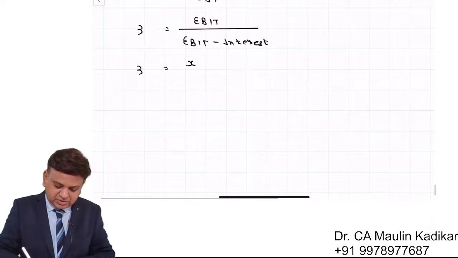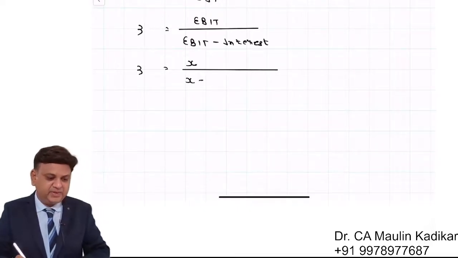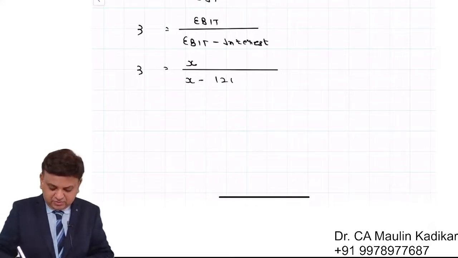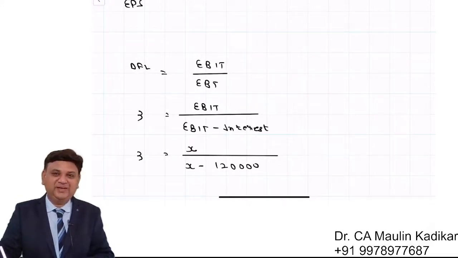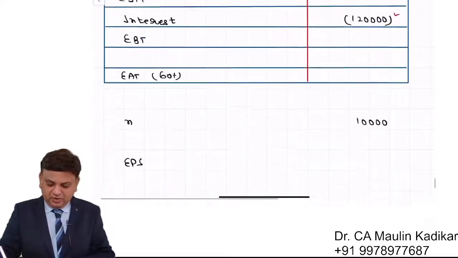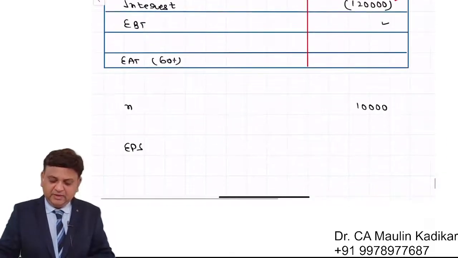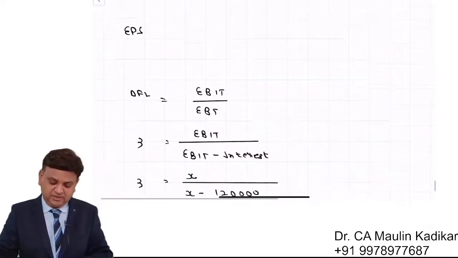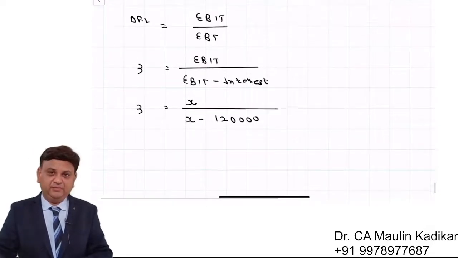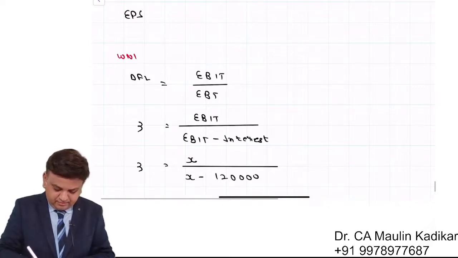This is 3, so it is X upon X minus interest amount of 1,20,000. So now we can compute the EBIT. Once you have EBIT, you can have EBT, minus tax, you'll have EAT. Divided by the number of equity shares, you'll get the EPS. That is the way the EPS can be found. So this is what we can say, working note number 1, calculation of EBIT.